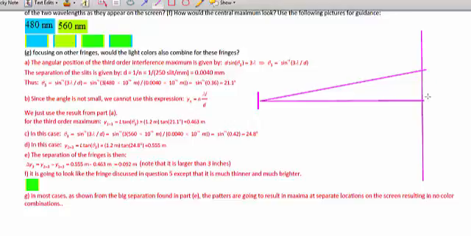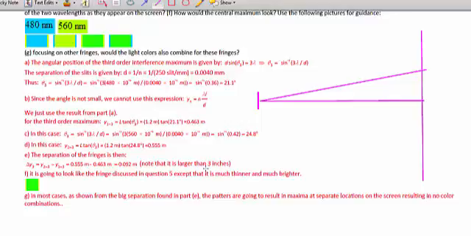So to find y, we remember that the opposite over the adjacent is the tangent. So y sub 3 over L is the tangent of theta sub 3. And we solve for y sub 3 that way, using the tangent expression. So it is L tangent theta sub 3.